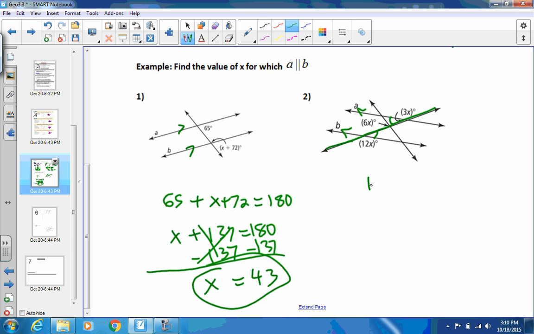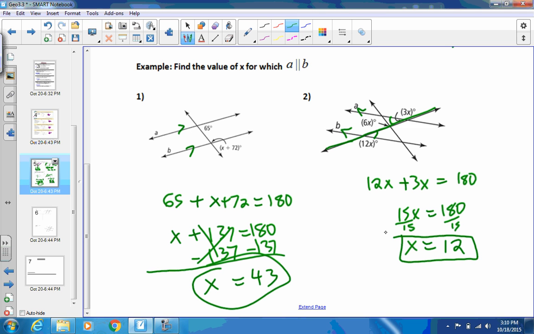So we'll say that 12x plus 3x equals 180. 15x equals 180. So x is equal to whatever 180 divided by 15 is. And that's going to be 12? I think it's 12. I'm just going to go and say it's 12.